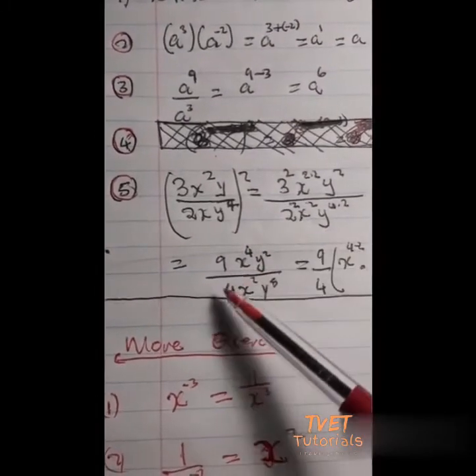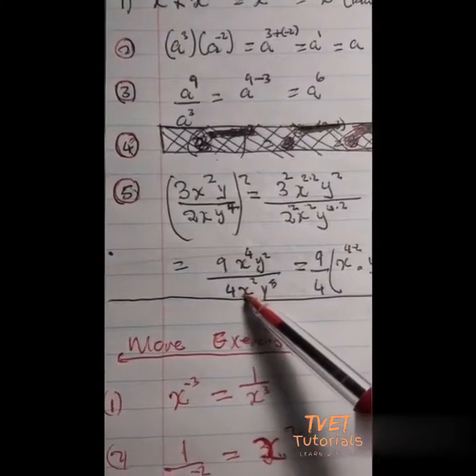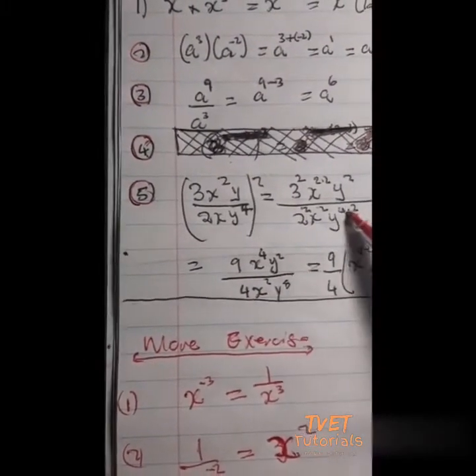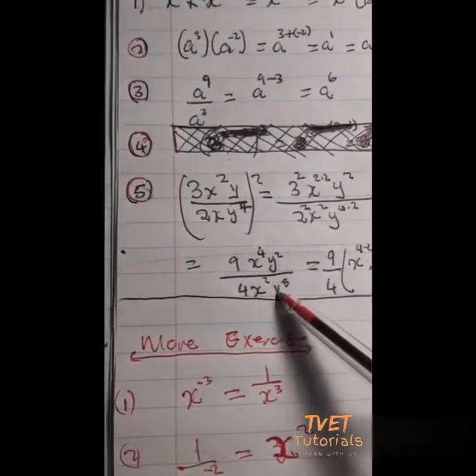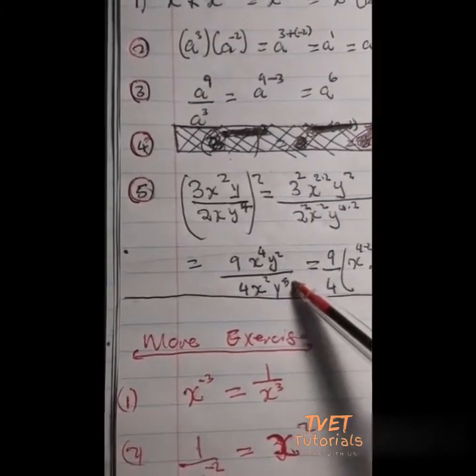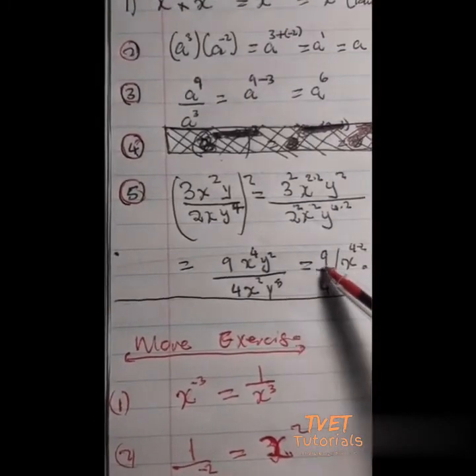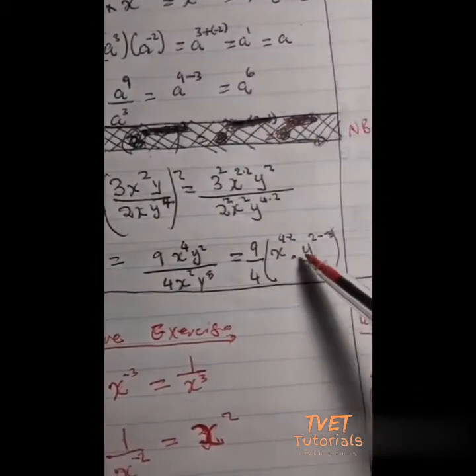Again, 2 to the power 2 is 4, x to the power 2, and y to the power 4 times 2 is equal to y to the power 8. So you can write the whole numbers as a fraction, 9 over 4, open brackets.